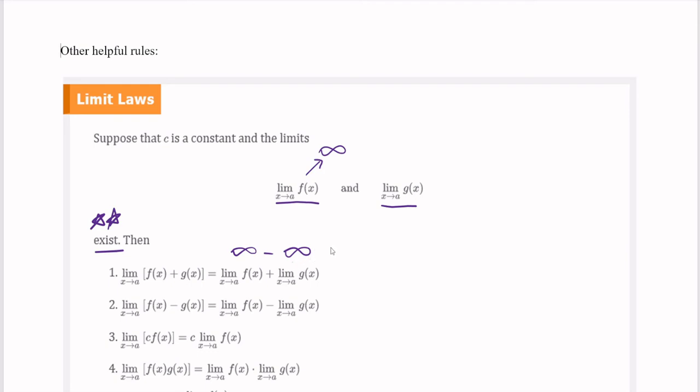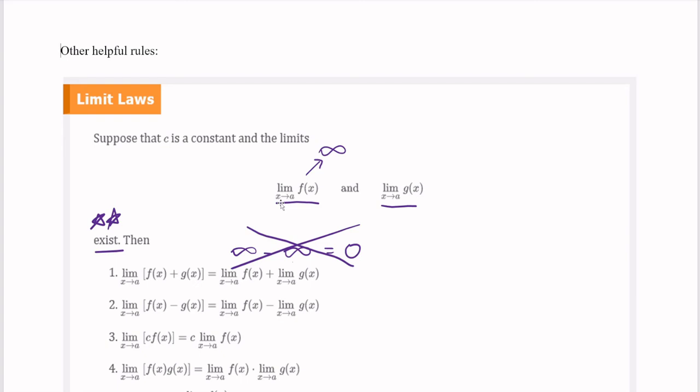Infinity minus infinity, I totally understand if you looked at that and said, oh yeah, that's just 0. No way. Can't do that. When you start dealing with infinities, things get kind of weird. So that's why we just say, don't do that. Only apply these rules if the individual limits exist. This is so, so important.